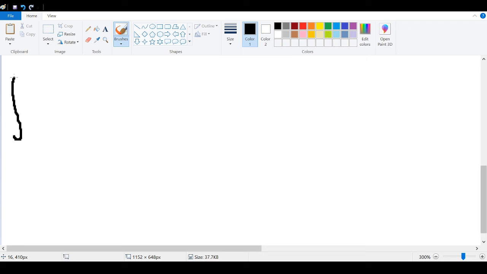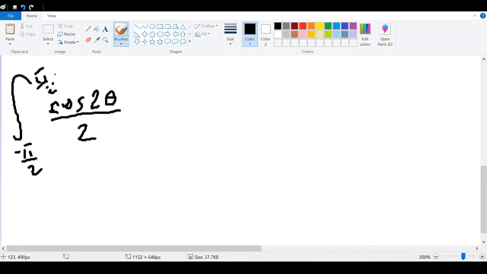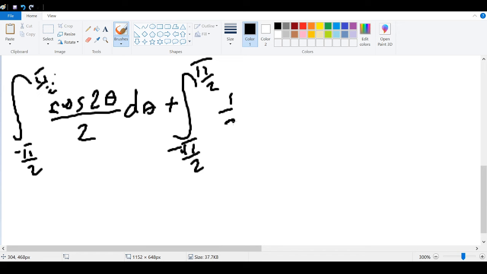So now, when we plug in our substitution, we have the integral from negative pi over 2 to pi over 2 of cosine 2 theta over 2. And now I'm going to break apart the integrand d theta into two integrals, plus the integral from negative pi over 2 to pi over 2 of 1/2 d theta.